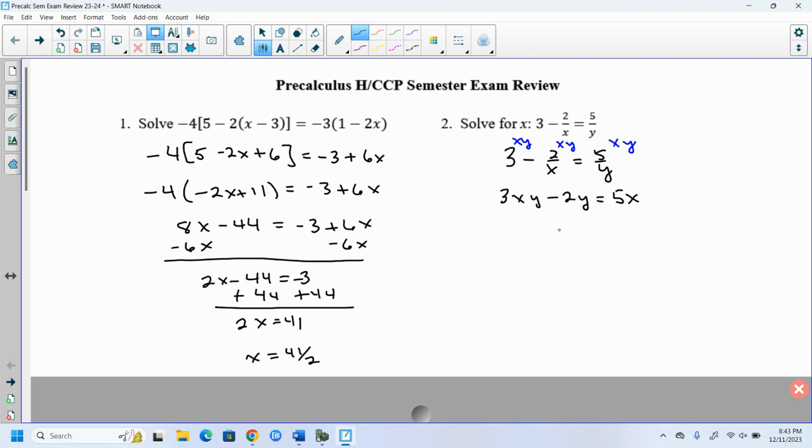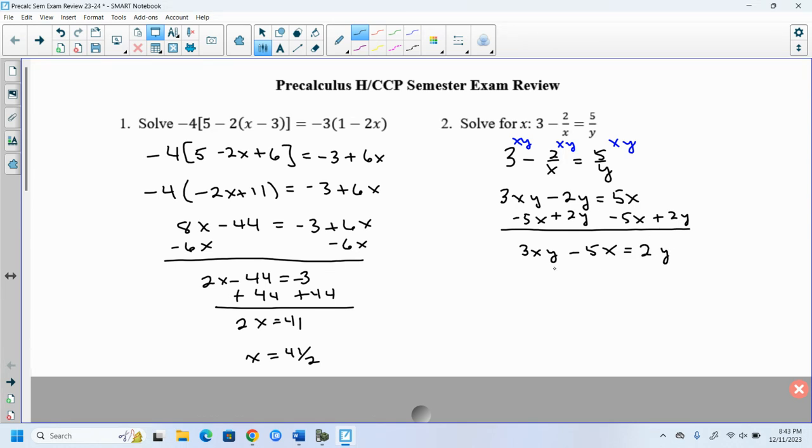All right, at this point, we need to get all the x's on the same side. Now, depending on how you move the x's and the y, will depend on how your answer will look. So I move the 2y over, and at the same time, I'm going to subtract 5x. It gives me more positives. So I get 3xy minus 5x equals 2y.